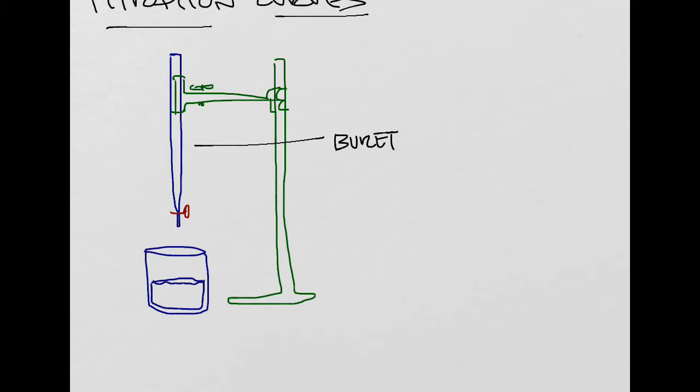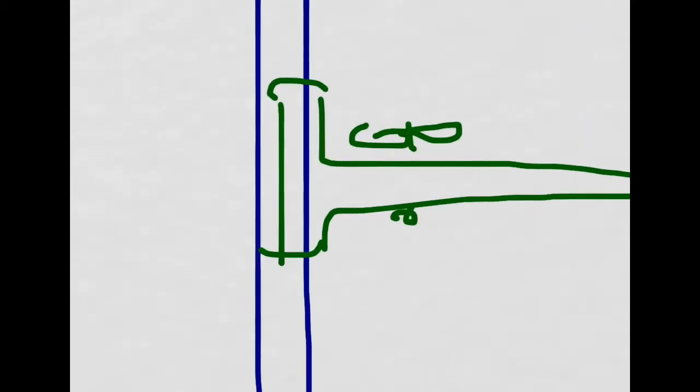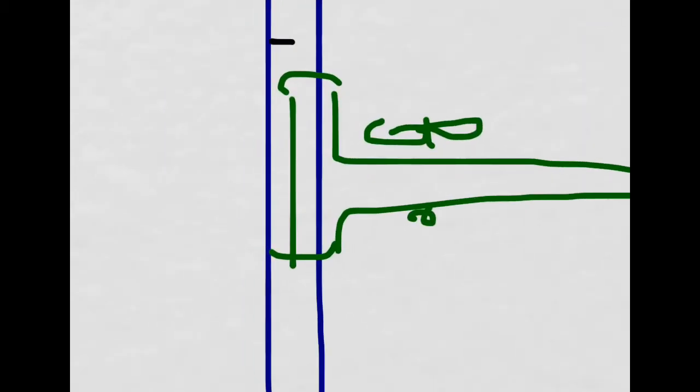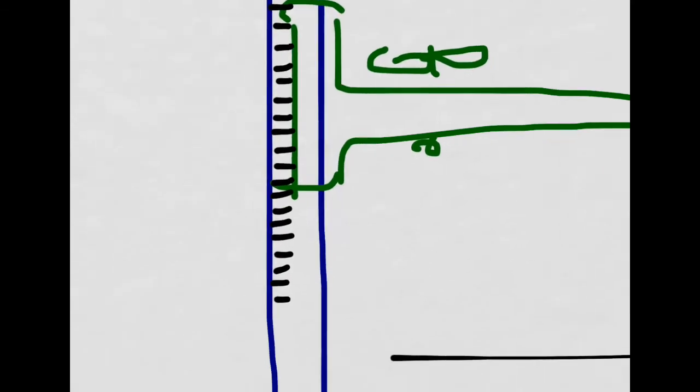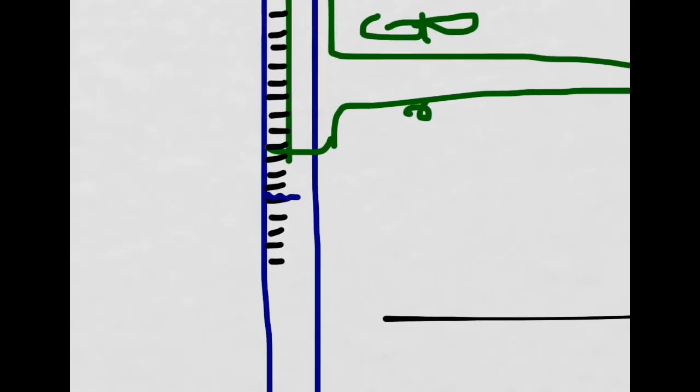Now, the burette itself, if you were to look closely at it, it has marks on the edge that are measured in milliliters. And the great thing about that is, let's say that I had this amount of fluid inside my burette.